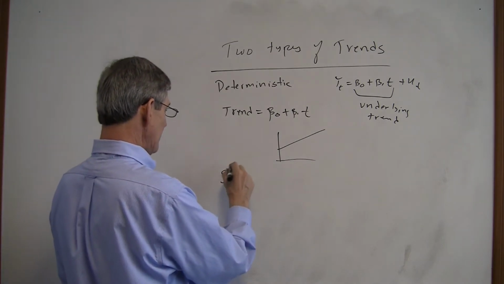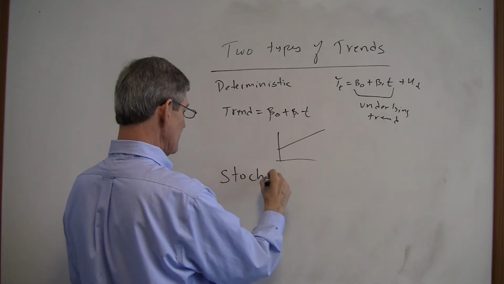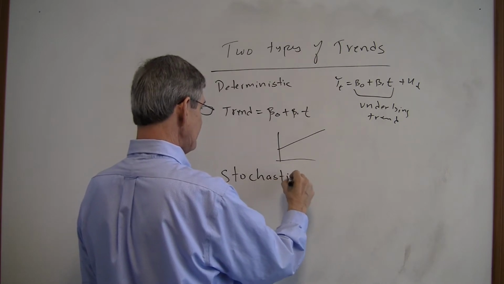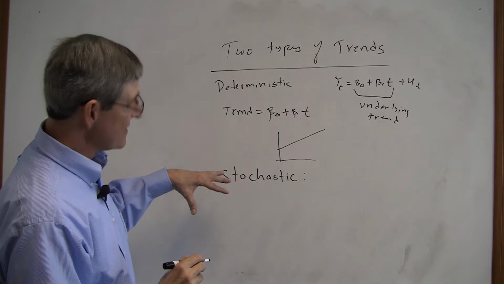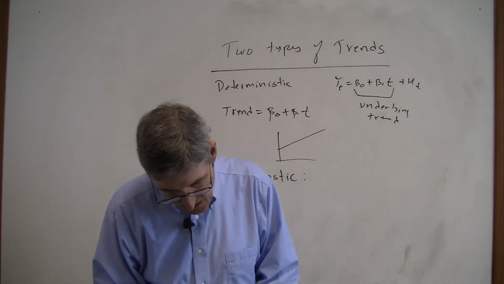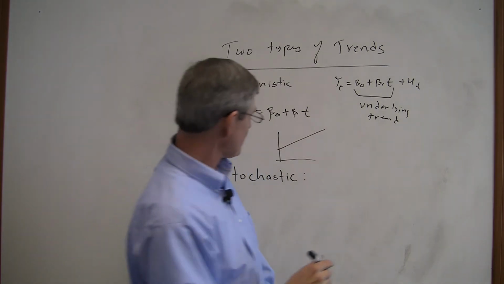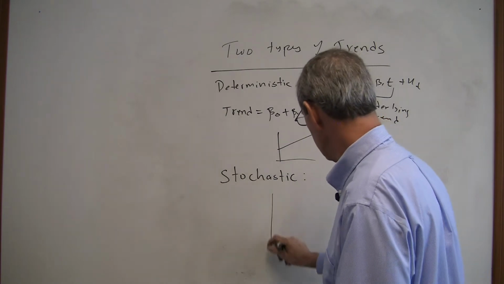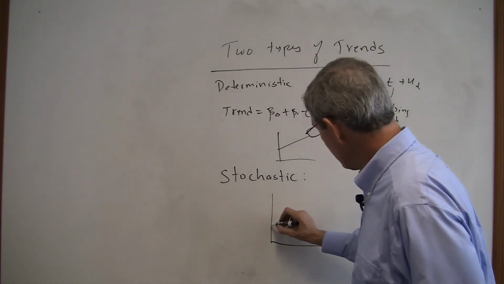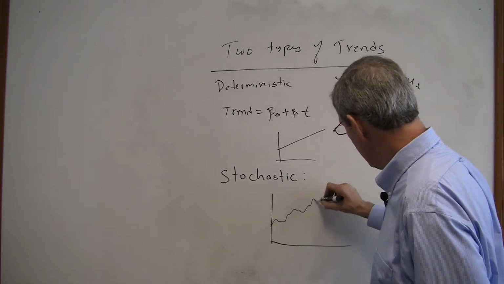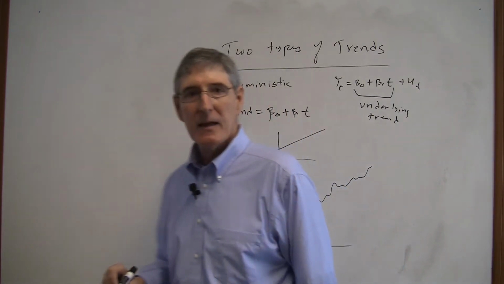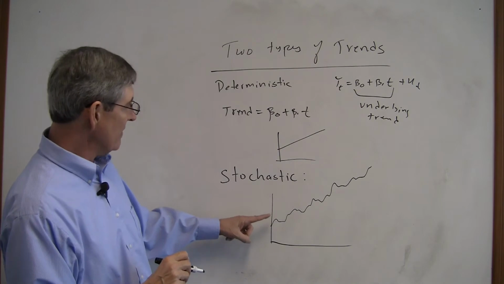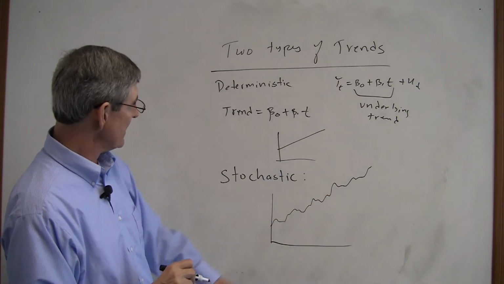Another type of trend that we'll have to spend a little more time talking about is stochastic. And this is what is almost always assumed. So this type of trend, you drift upward, but it's very random as you do. And we'll write down a model that generates something like this in a sec.